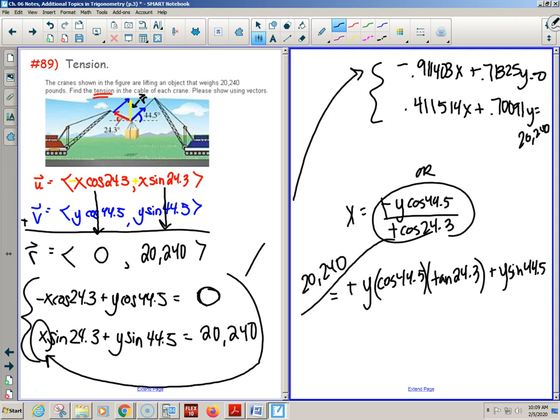Don't I have a y in both terms? Can't I factor it out and just have my cosine of 44.5, tangent of 24.3, plus sine of 44.5, equal to my 20,240?